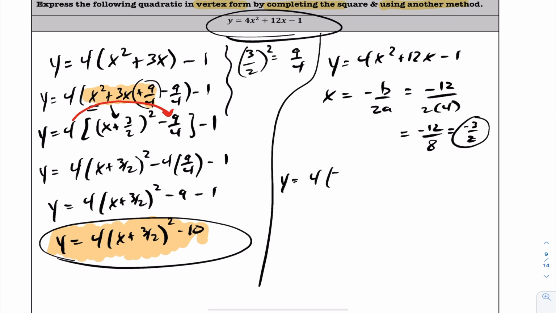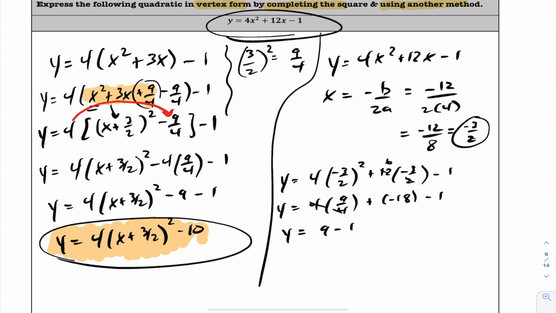Everywhere I see an x, I'm going to change that to negative 3 over 2. And this becomes 4, squaring the top and the bottom. Here, this will reduce to become a 6, so we get negative 18 out of this, minus 1. The 4's will cancel. I get y is 9 minus 18 minus 1, and that's going to be negative 10.